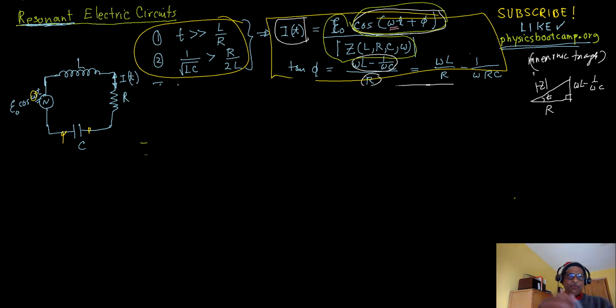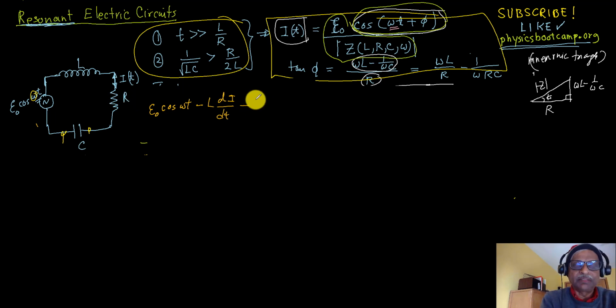Okay, so you already know we can go around this circuit and write out the equation of motion. So this voltage E0 cosine omega t, and then over here the voltage will drop by L di/dt, and this will be minus R I, and this will be minus 1 over C integral of I(t') dt' equal to 0.